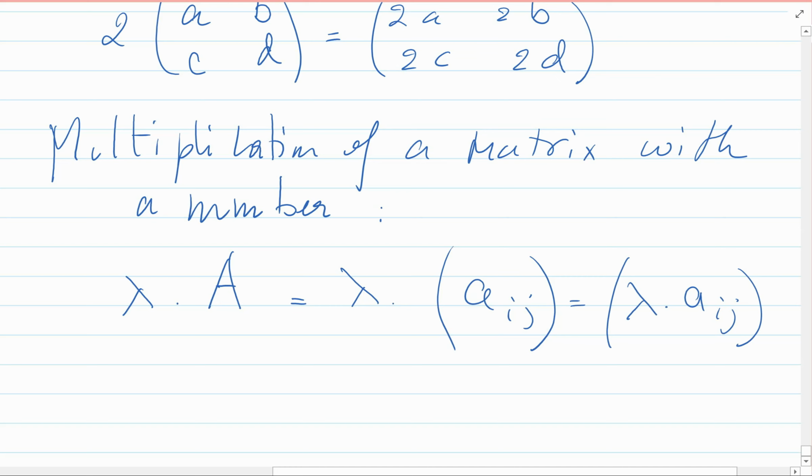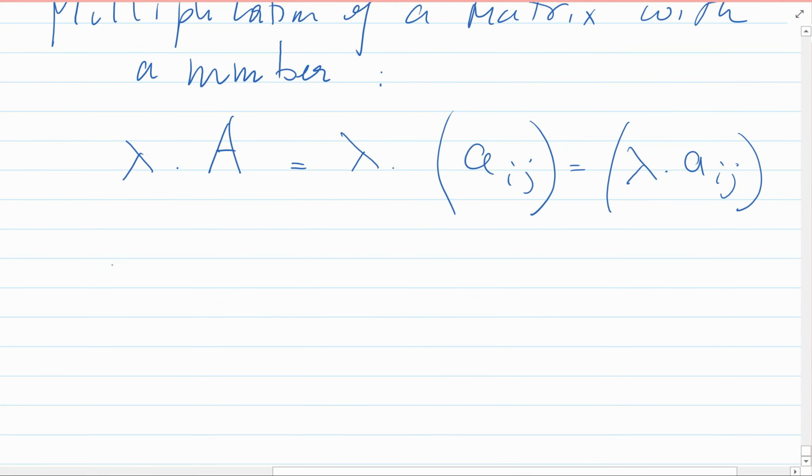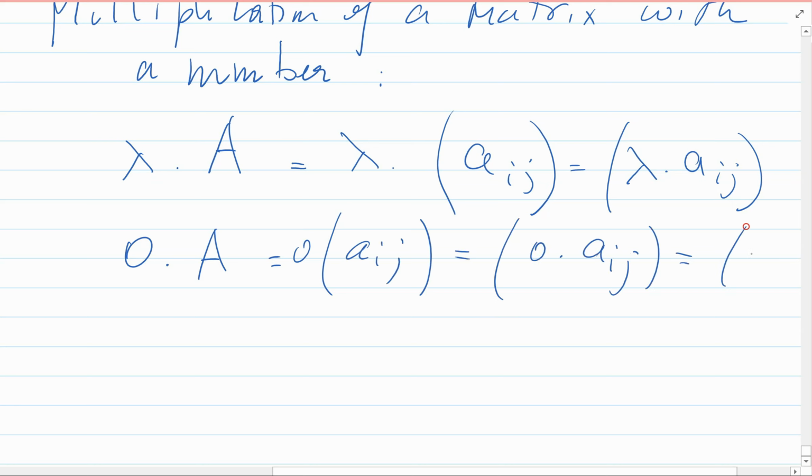It's very important because when we go to the concept of determinant, things get a little bit more complicated. In particular, what is 0 times a matrix? It's going to be 0 times Aij, which is the zero matrix. So the number 0 times any matrix will give us the zero matrix.